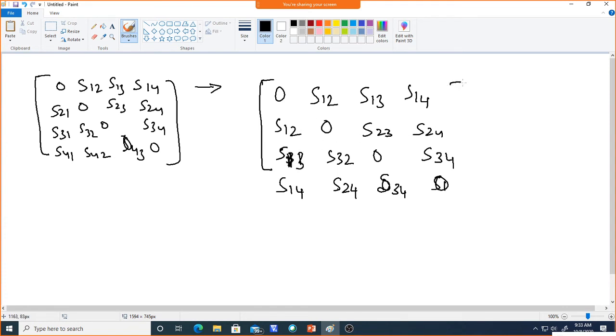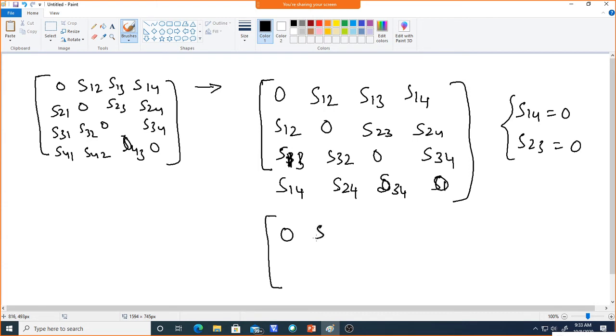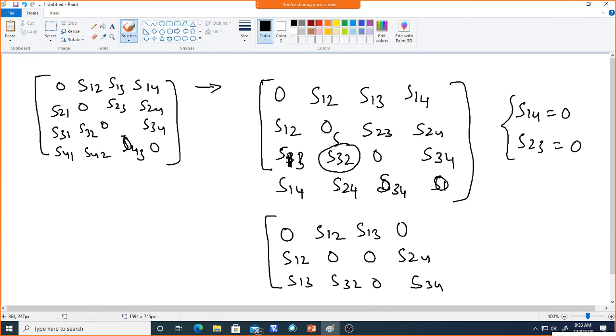Okay, so now we have the condition that S14 is equal to 0 and S23 is equal to 0. Now if I incorporate this condition, what will you get? You will get 0, S12, S13 and 0, and similarly S12, 0, S23 is also 0, and you will get S24, and S13, S32 and 0, and S34. So this also we can replace as S23.